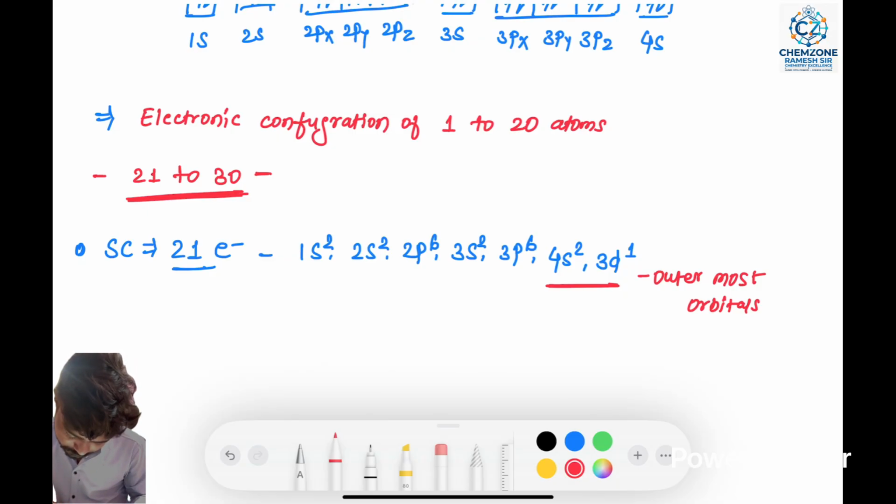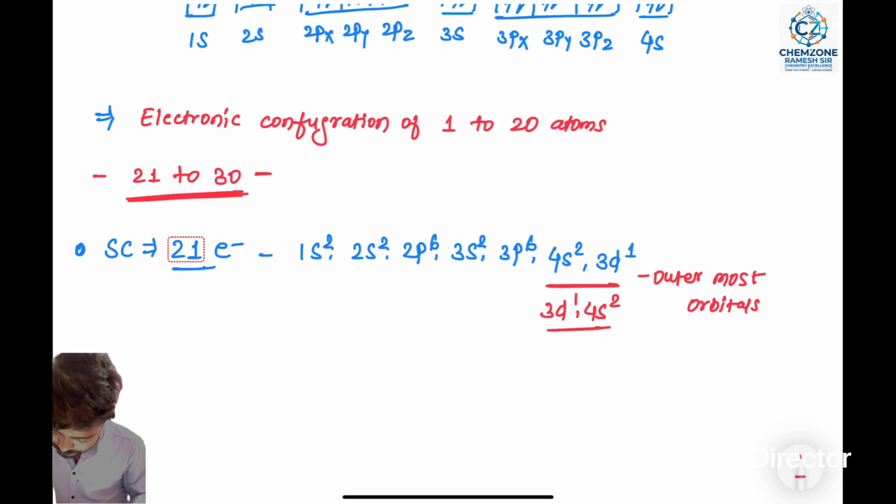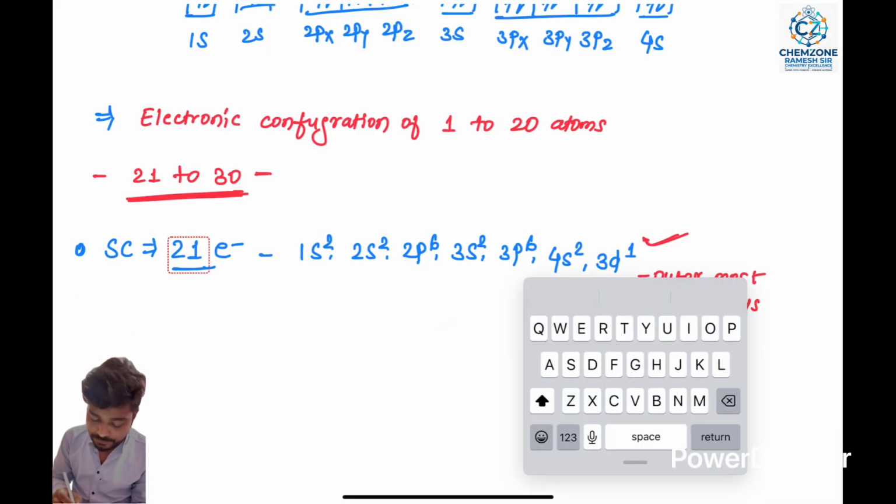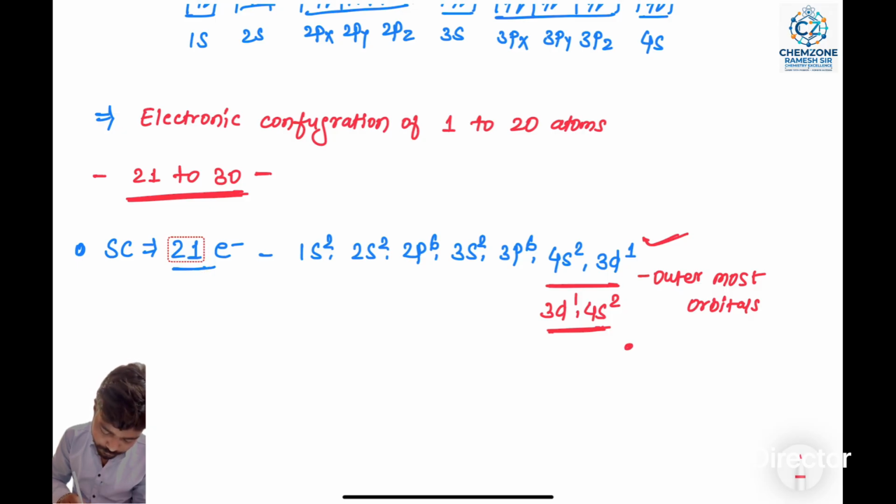Okay, actual sequence is 3d1 and 4s2, that is your actual sequence, but the energy changes. So according to this theory, 4s2 3d1 and 3d1 4s2 both are correct.